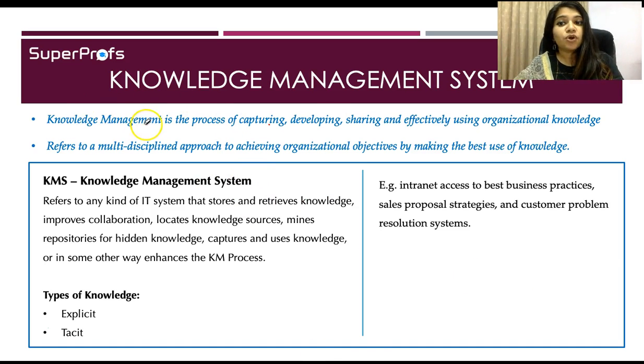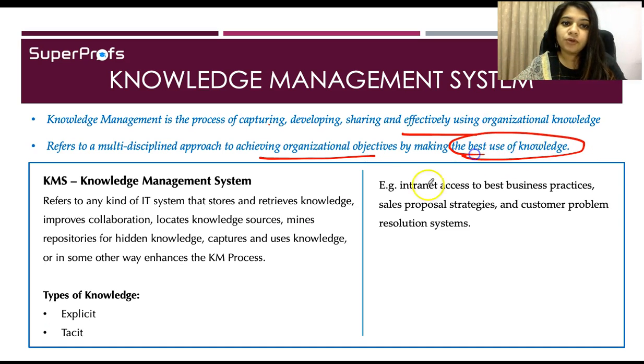So knowledge management is the process of capturing, developing, sharing, and effectively using organizational knowledge. It refers to a multidisciplined approach to achieving organizational objectives by making the best use of knowledge.